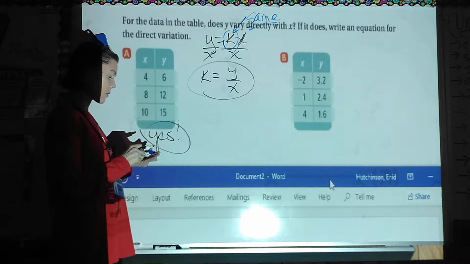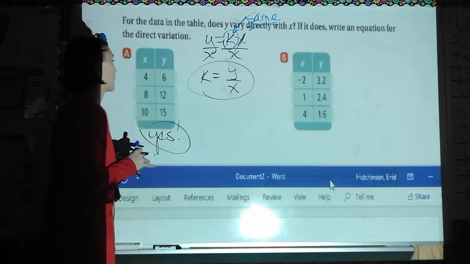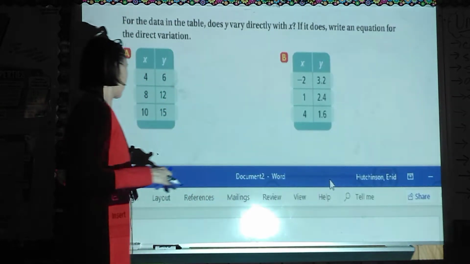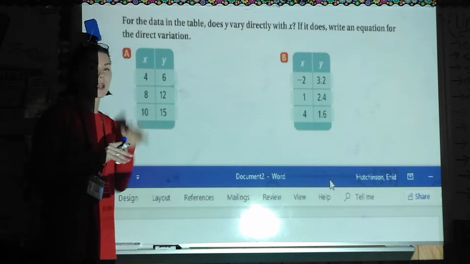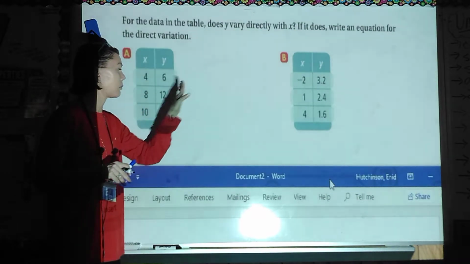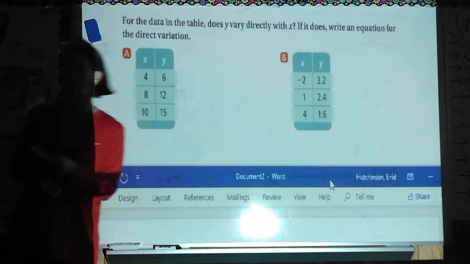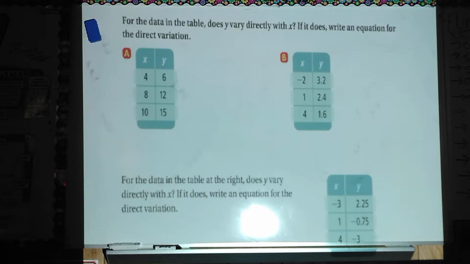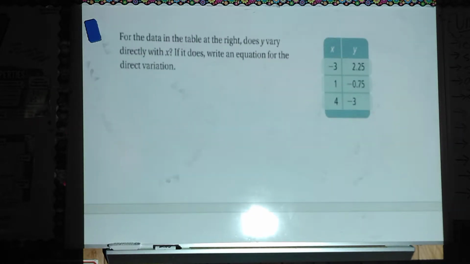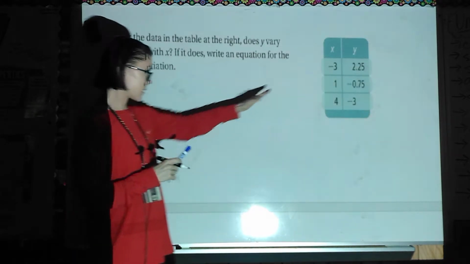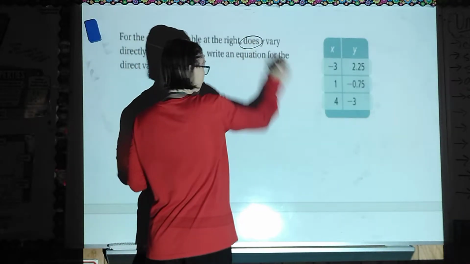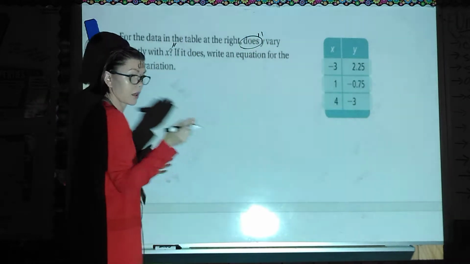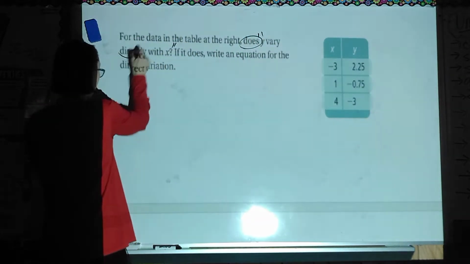So for the next 3 tables, we'll go through that live, okay? So again, with the tables, all you have to do is take the y and divide it by your x, and if you get the same number every time, it's a direct variation. Let me show you the next example, okay? Here we go. So for the data in the table at the right, does y vary directly with x? In other words, remember, direct.